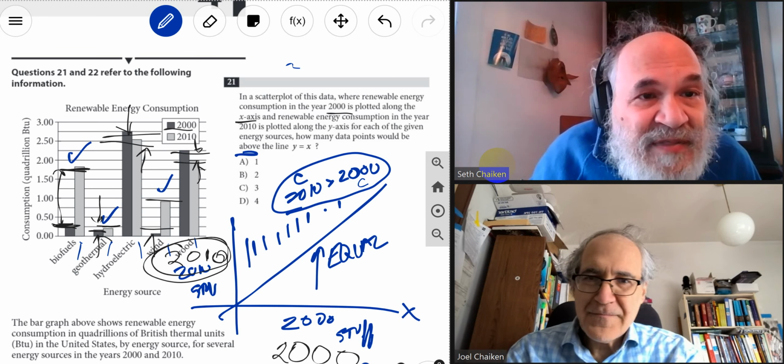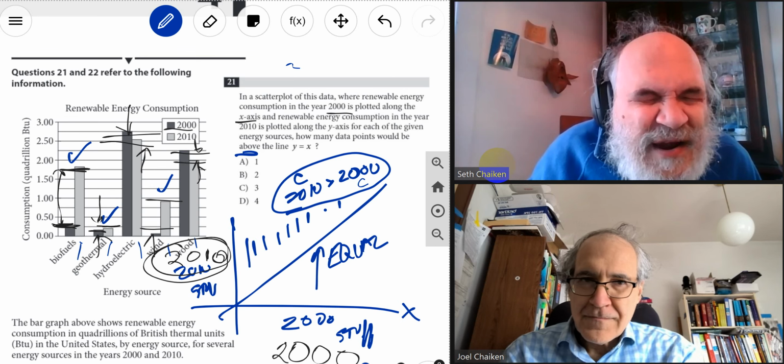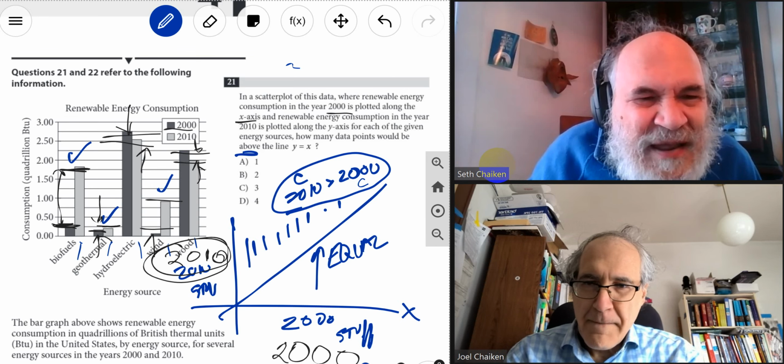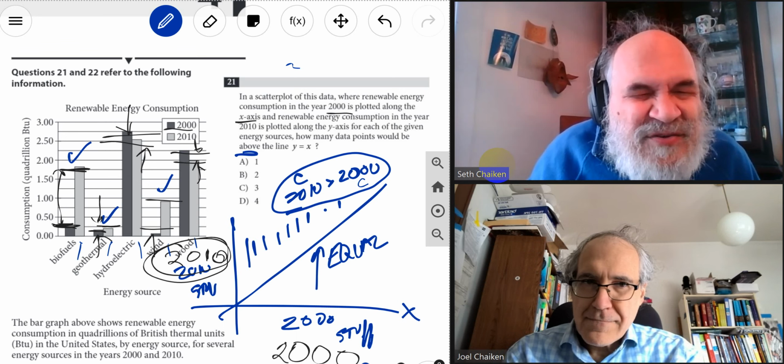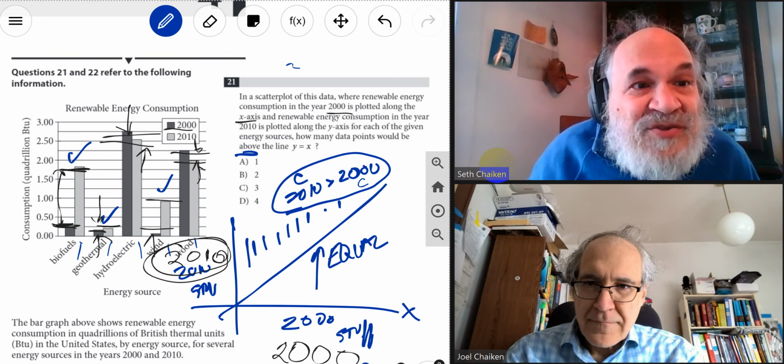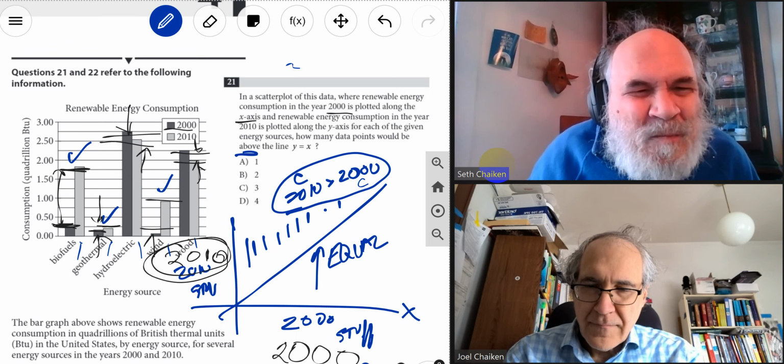The light gray is 2010, dark gray is 2000. In all of the pairs of bars, the light gray, the 2010 one, is to the right. So we pick the choices where the right bar extends above the left bar.